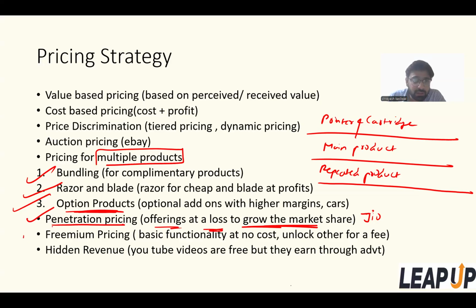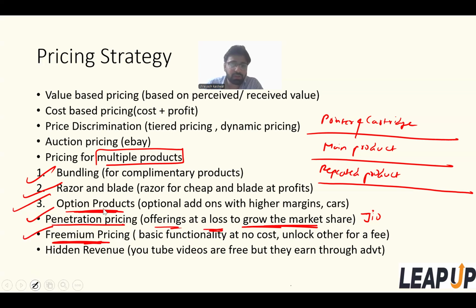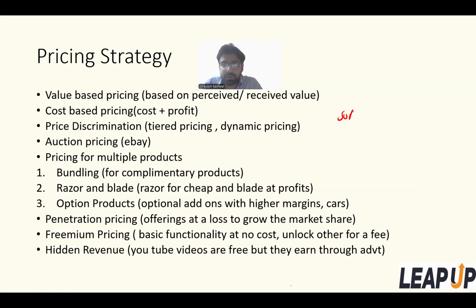Right. The next one is freemium pricing, sir. What is freemium pricing? The basic version of a particular product is at no cost, but if you want to upgrade, it will be for a particular fee. Let's say, for example, some software: the basic functionality can be accessed for free, but if you want to upgrade, you have to buy a premium where you will be able to use multiple features.